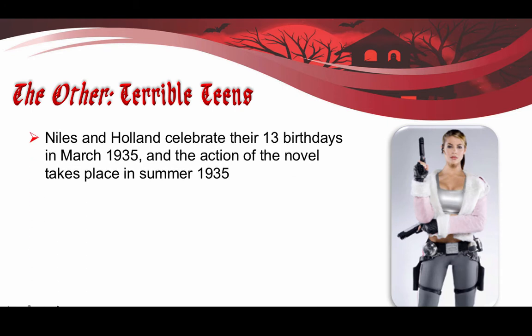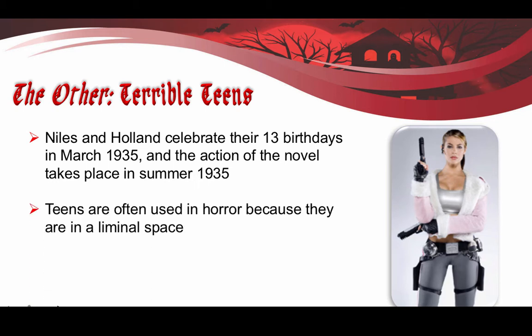One aspect that might be a factor in The Other is the twins' ages. The twins have celebrated their 13th birthdays in March 1935, and the action takes place that following summer, the summer of 1935. As we know from our discussion of domestic horror, teenagers are often central to it because they're in a liminal space.